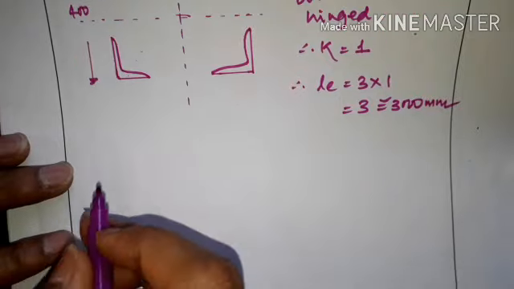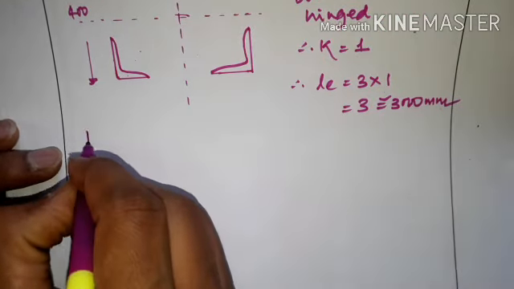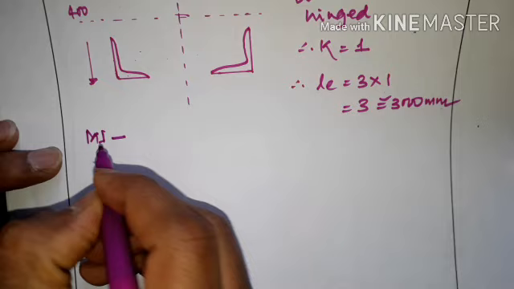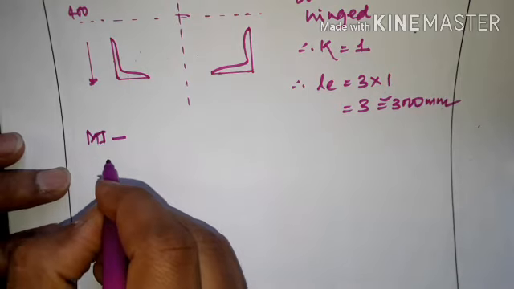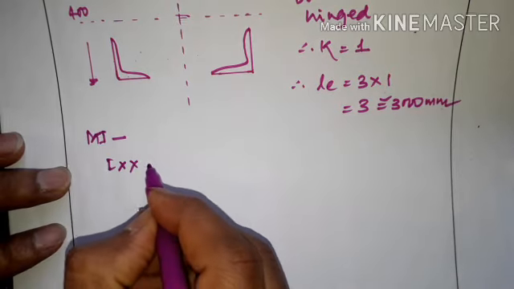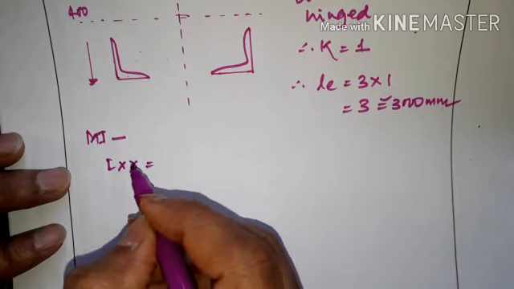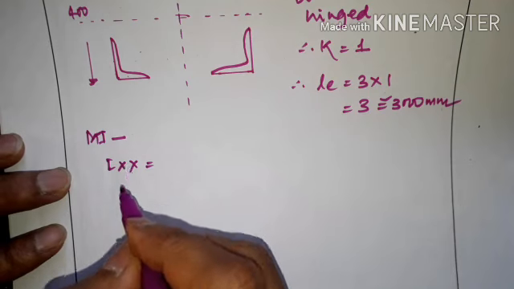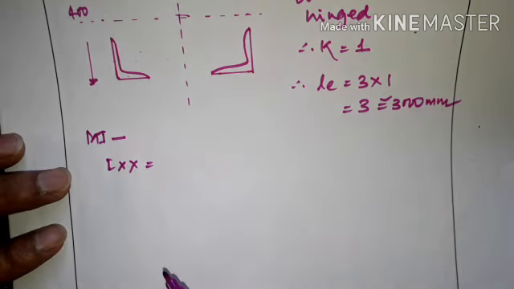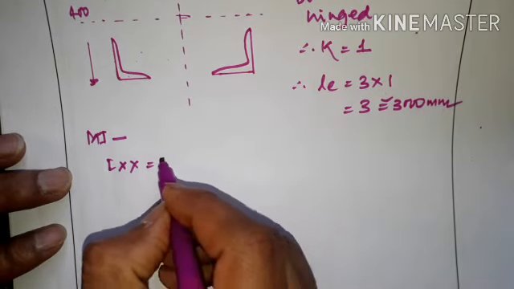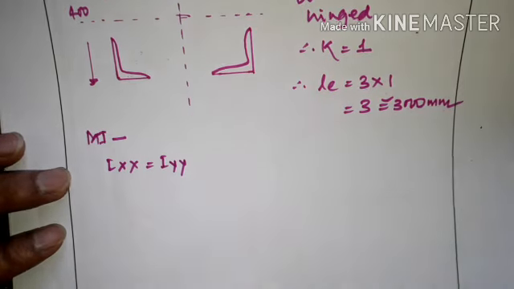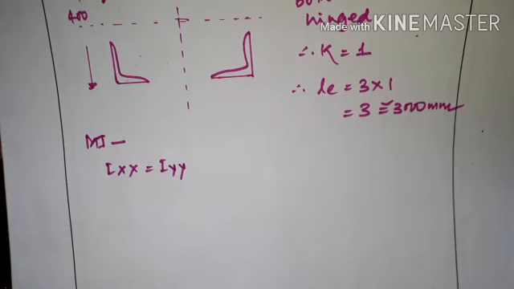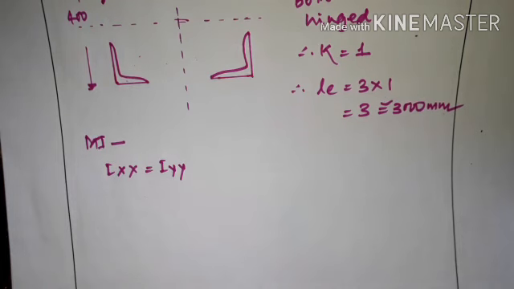Next we have to find out the moment of inertia again. Here both legs of the angle are the same, so it is an equal angle, and Ixx and Iyy will remain the same. I can show you in the steel table.